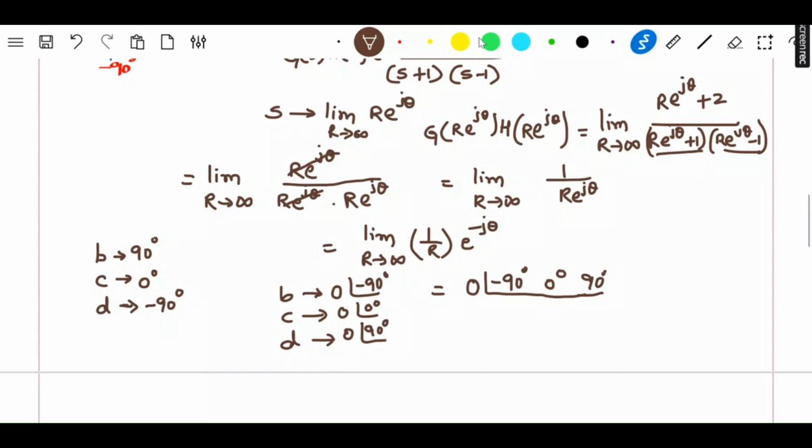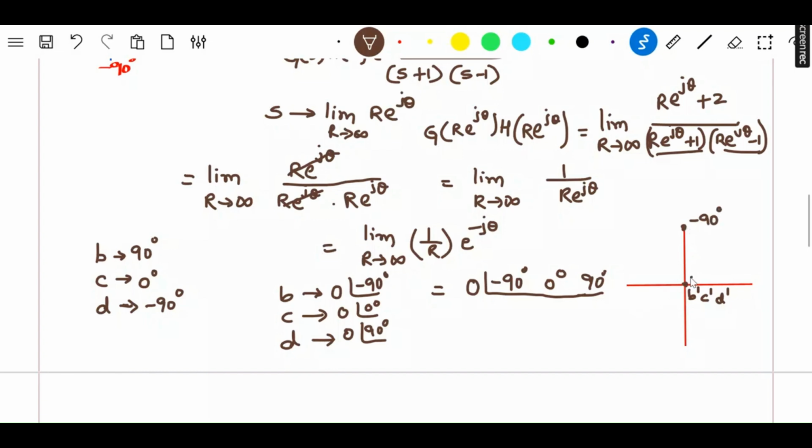So if I try to write the trace for this particular BCD path, I'll be getting the trace in this way. All three magnitudes are 0, so all 3 points will lie on the origin. So B dash, C dash, D dash, all 3 lie at the origin. Whereas for B dash, the angle is minus 90 degrees.